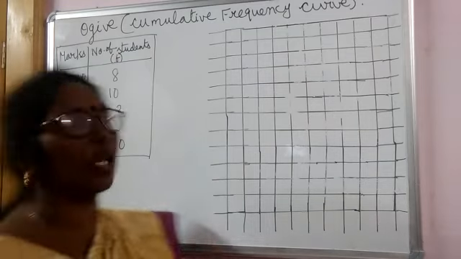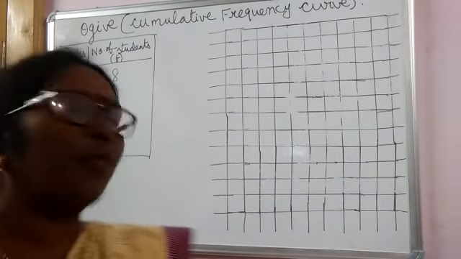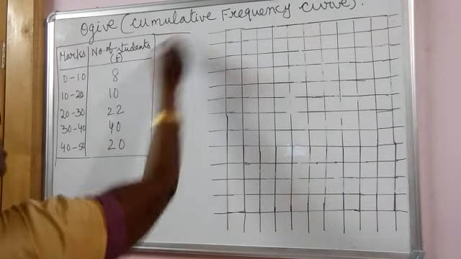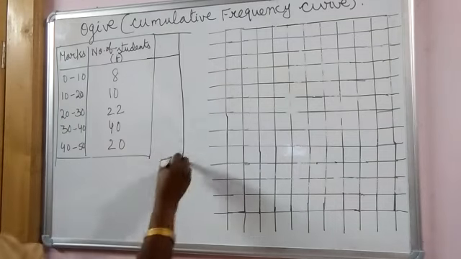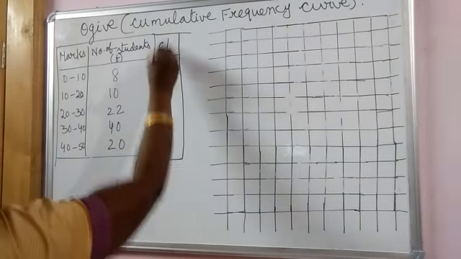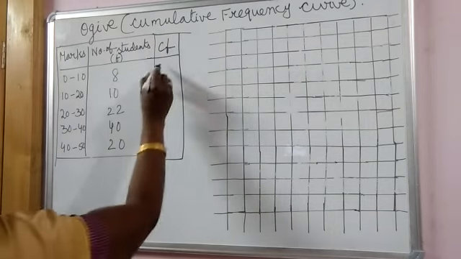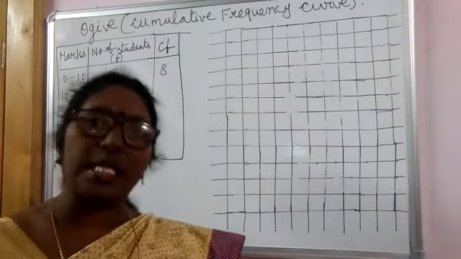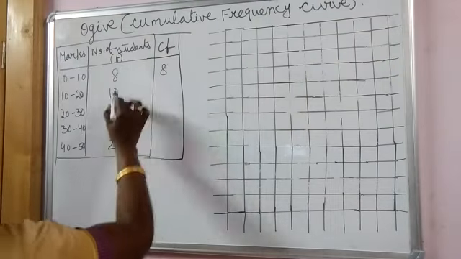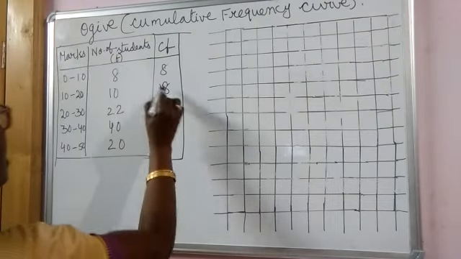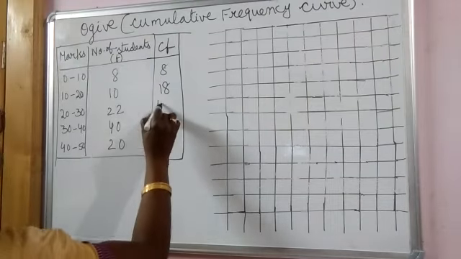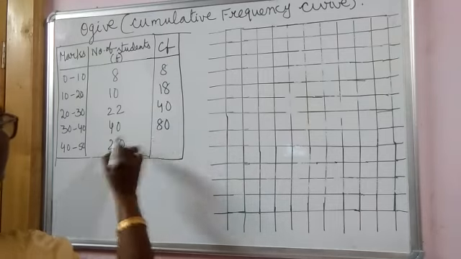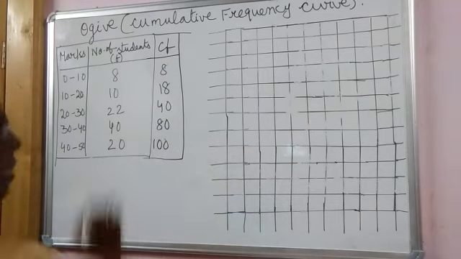In order to construct the cumulative frequency curve, we have to find the cumulative frequency. Let us find the cumulative frequency of each class interval. First class interval frequency and cumulative frequency always remain the same. Then 8 plus 10, 18; 18 plus 22, 40; 40 plus 40, 80; 80 plus 20, 100.